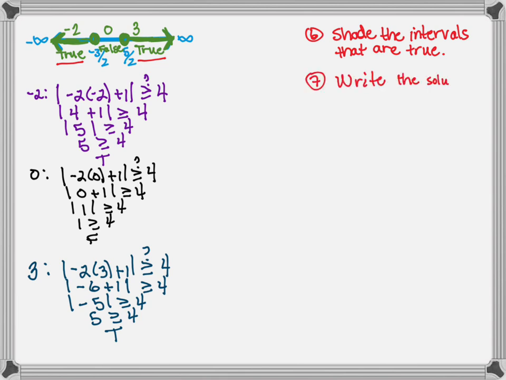And then we will write the solution. On the left, we've got x is less than or equal to -3/2, and we need an or because we have 2 separate pieces. And then on the right, we've got x is greater than or equal to 5/2.